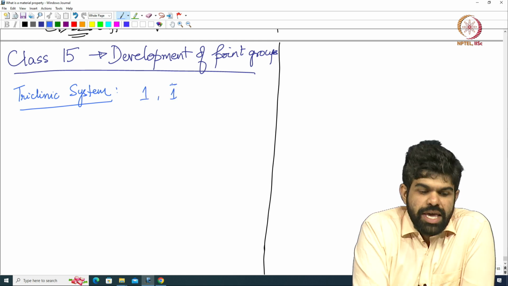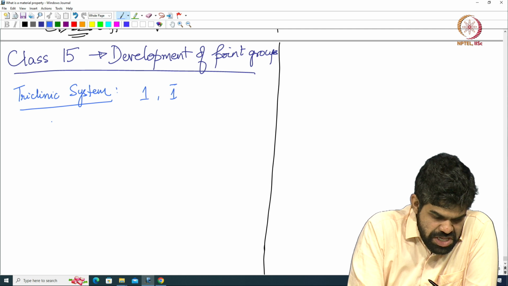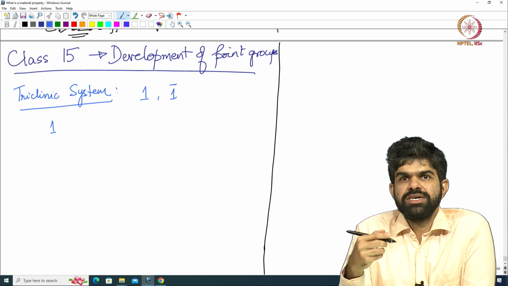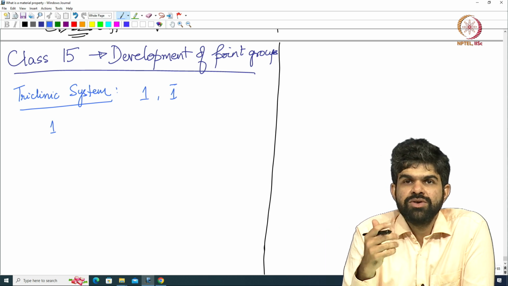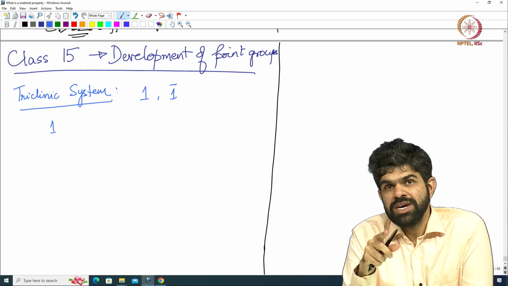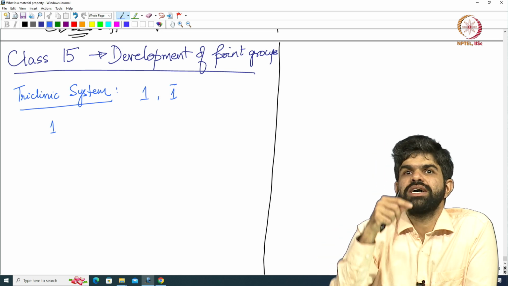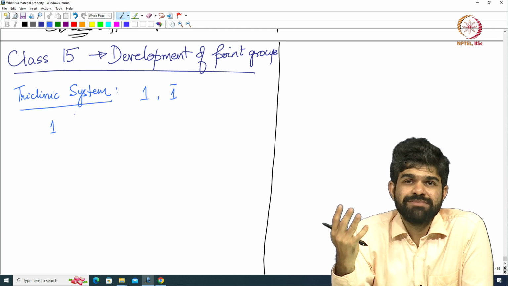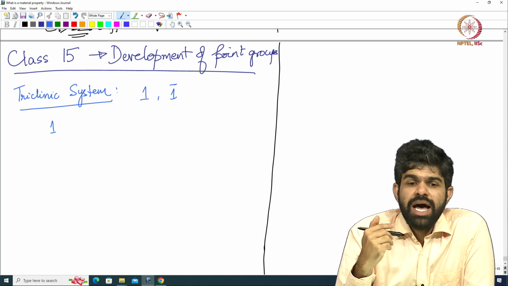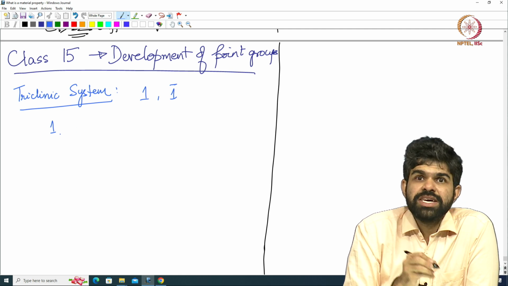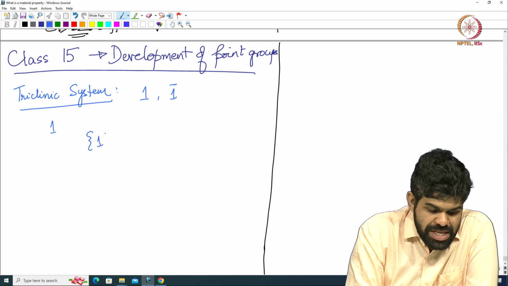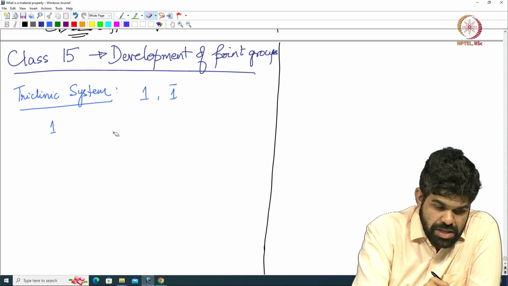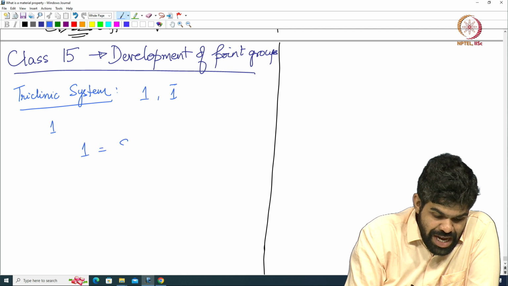The operation 1 is just the identity operation: if I rotate a point by 360 degrees and it comes back to its own position, it is a trivial symmetry. The only operation in the point group 1 is the identity operation 1.